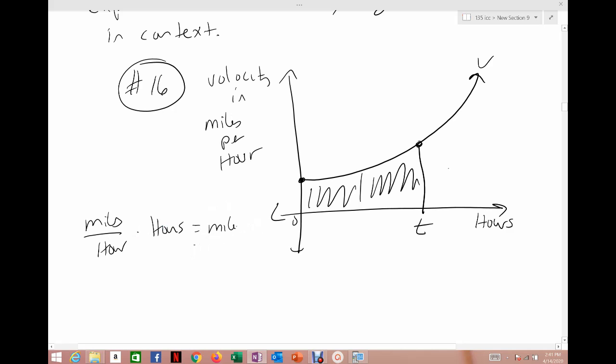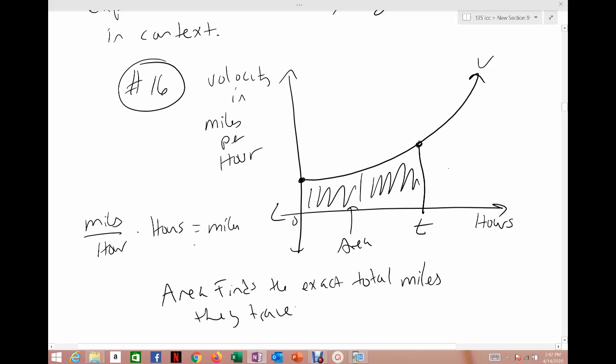Now, in terms of the application, we want to know what this area is. Well, that area finds the exact total miles they traveled in T hours.